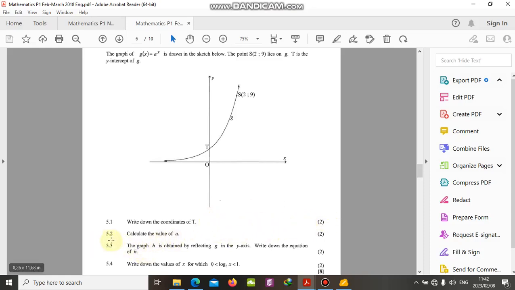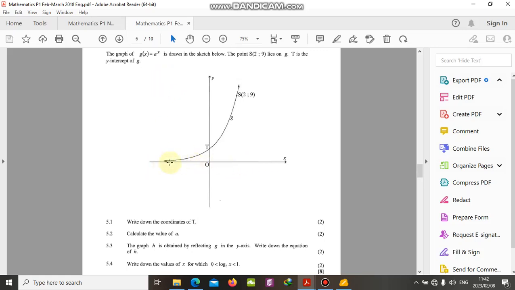The second question, 5.2, says calculate the value of a. So now we want the value of a. Now is a positive or negative, guys? Before we go far, a is positive. Why?